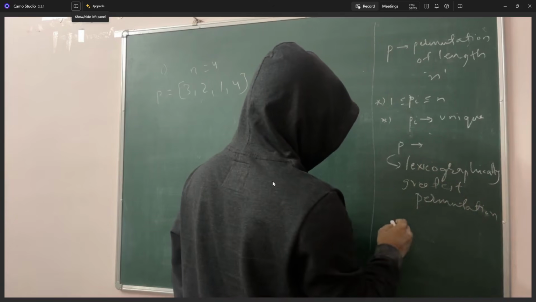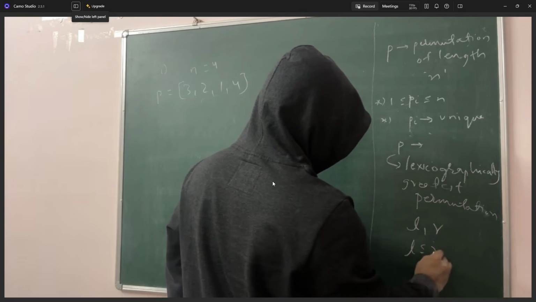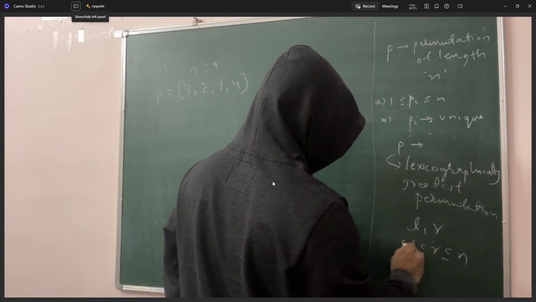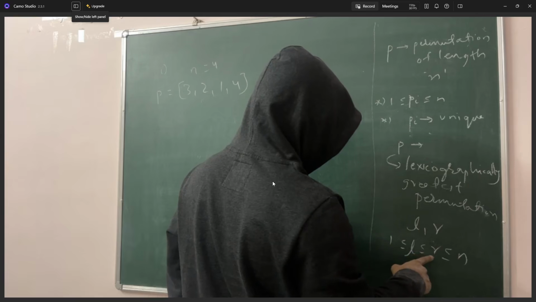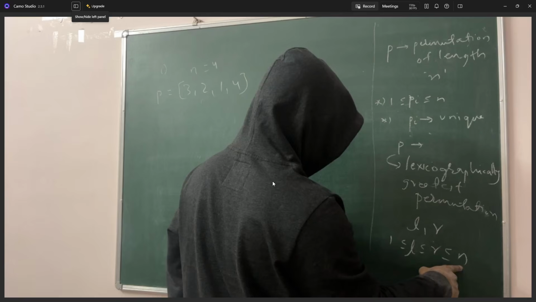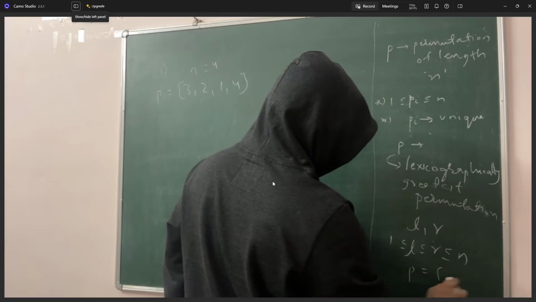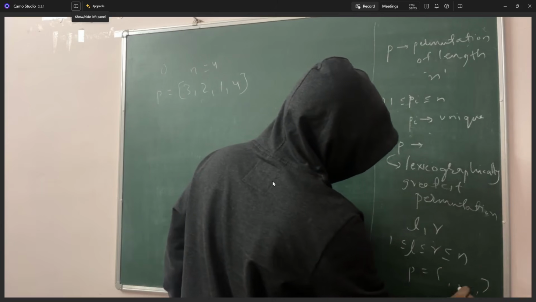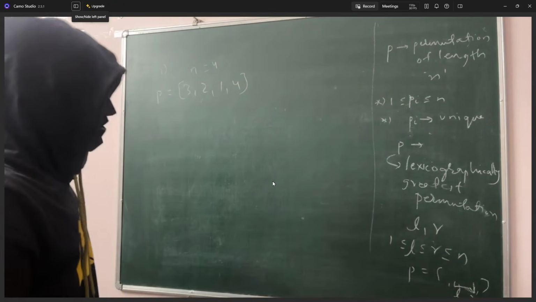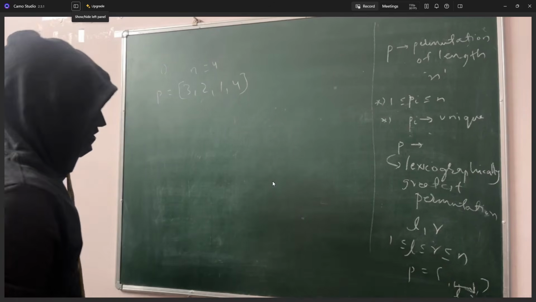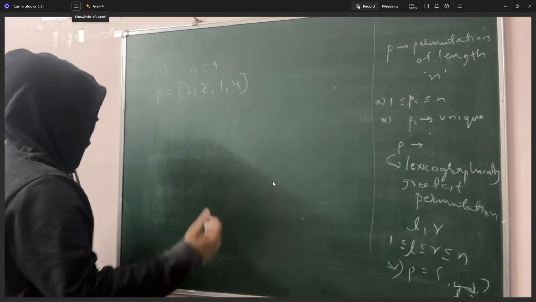In doing this, you can choose L and R indices. L should be greater than or equal to 1 but less than or equal to R, and R should be greater than or equal to L and less than or equal to n. Whatever indices you have chosen in the permutation, from L to R, you can reverse that segment. You need to perform this operation exactly once.